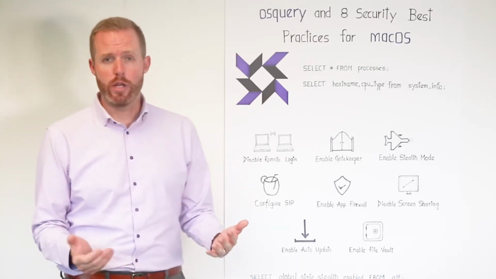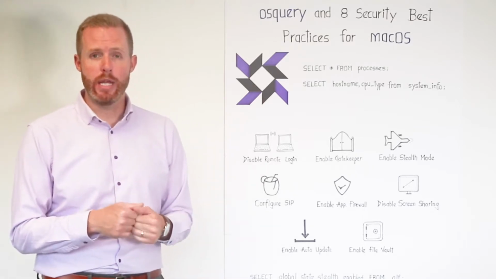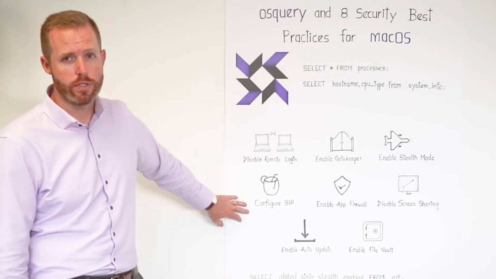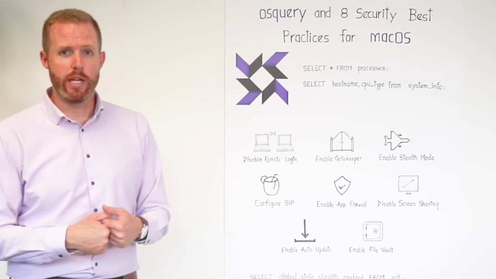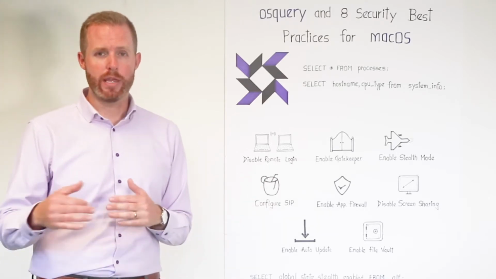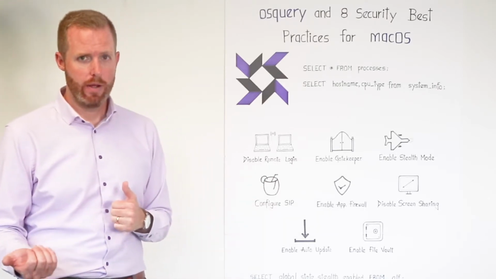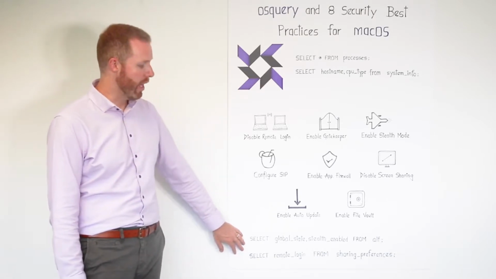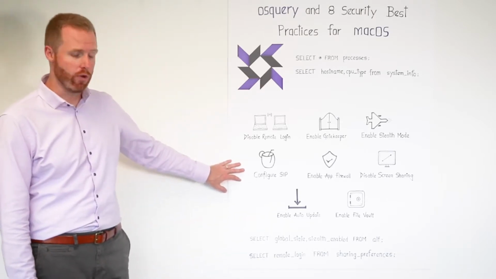Now, Osquery obviously provides great visibility into your endpoints. So when you pair that with these security controls here, we're able to get visibility into how these controls are configured now and what we need to do to get them in line with best practice. So I've shared 2 sample queries down below that align with a couple of these controls.